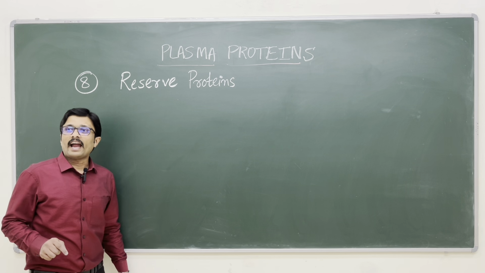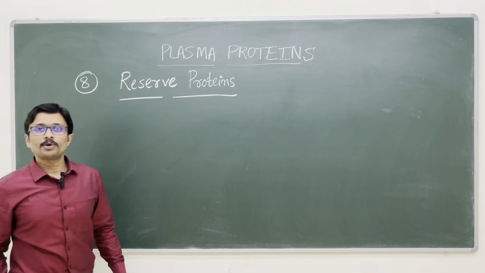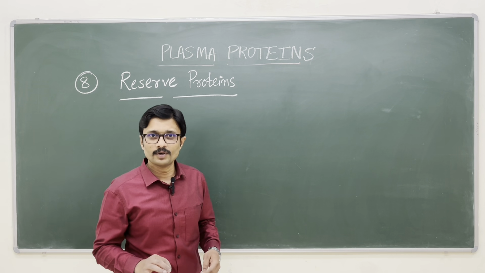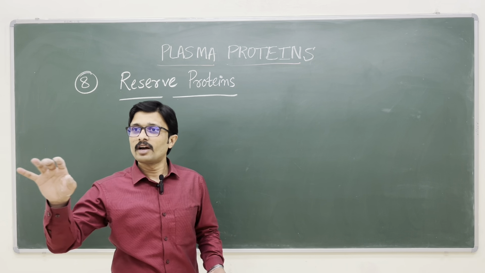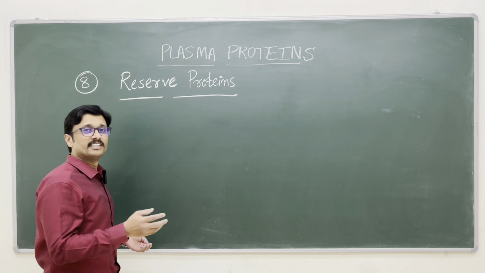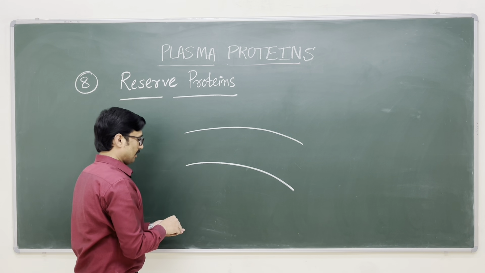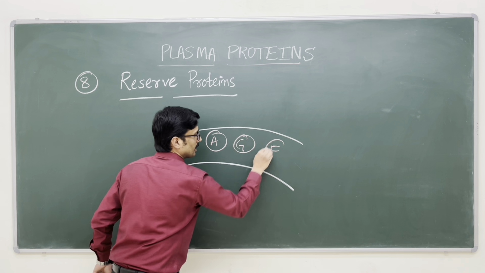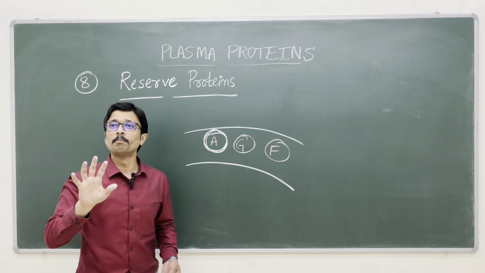Plasma proteins also act as reserve proteins. During fasting or starvation, when you are not consuming any food and there is a decrease in protein intake, the proteins in the blood can be taken up by the tissues for their needs. Consider this is the blood vessel. Plasma proteins are there: albumin, globulin, fibrinogen, and mainly albumin is a nutritionally complete protein.